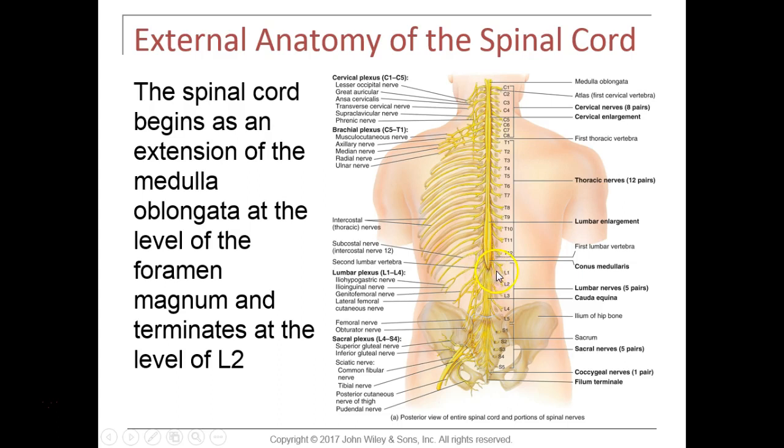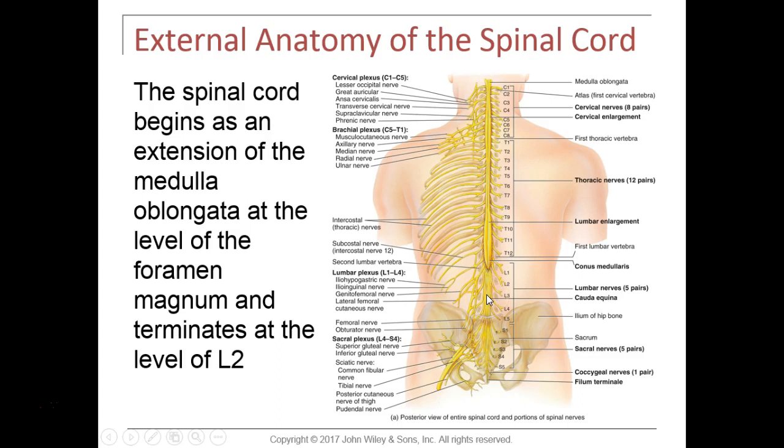If you remember your lumbar vertebrae, we had 5 lumbar vertebrae, so the spinal cord pretty much terminates at L2. But then we have some extensions that come from the spinal cord that form what we call the lumbar plexus and the sacral plexuses that we'll look at in a minute. And all of those roots coming down from there is called the cauda equina.